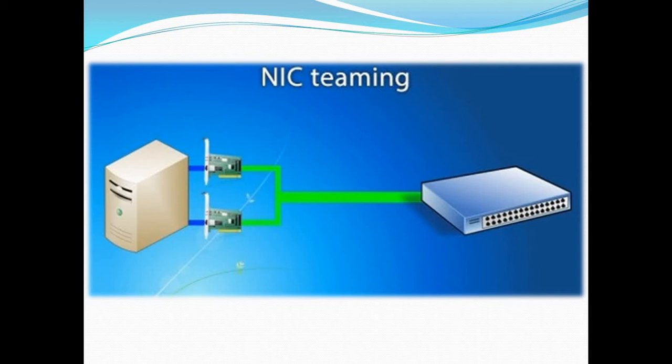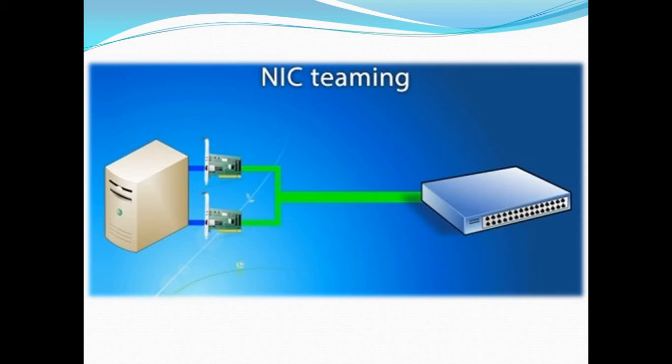You might have more than two NICs in one CPU. It supports around 32 NICs. That means 32 network interface cards can be used to form a team. So if one NIC fails to perform its tasks, another NIC will immediately start its task. That means in spite of having a NIC failure in your network, the work will continue as it is.